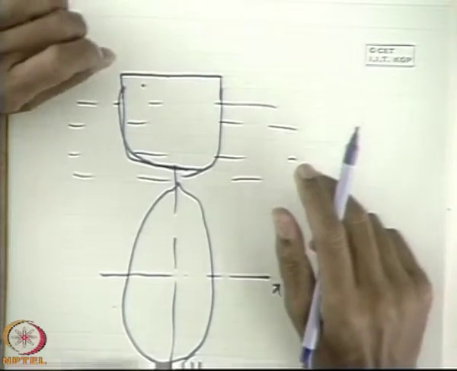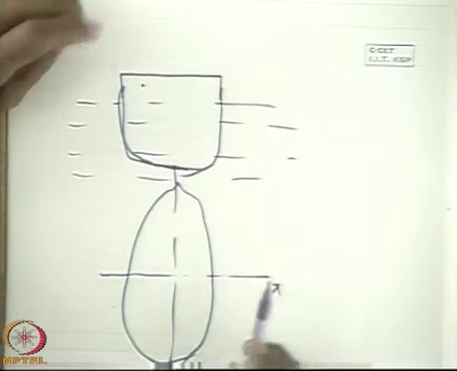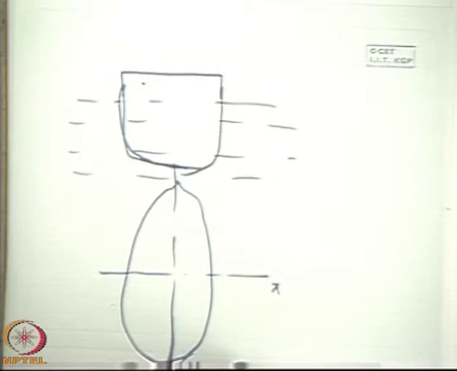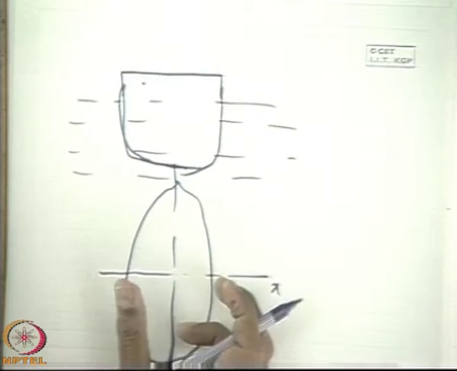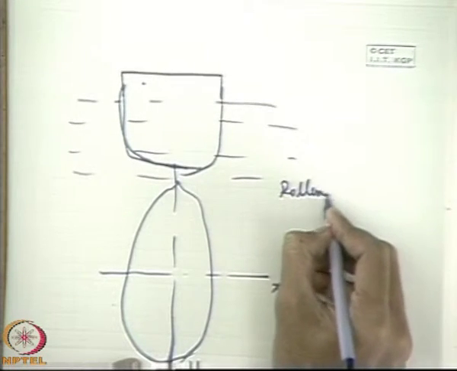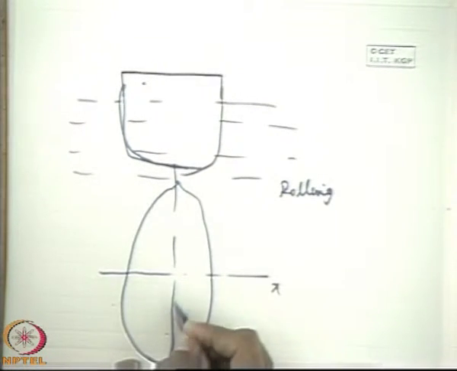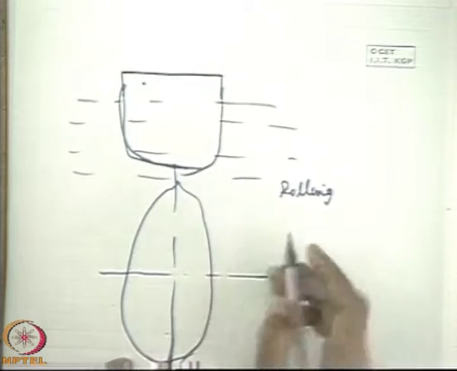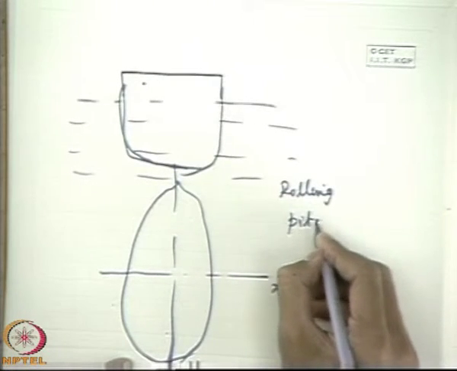Now the movement of the ship about this y axis, that means in this direction, is known as rolling, about the transverse axis. And movement of the ship about the longitudinal axis, that means in this direction, is known as pitching.